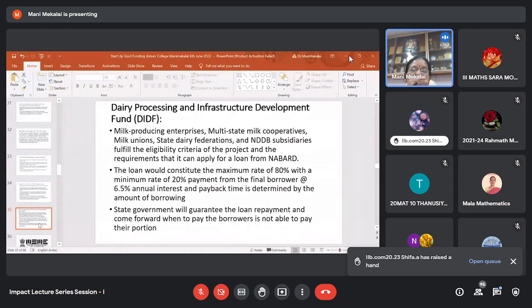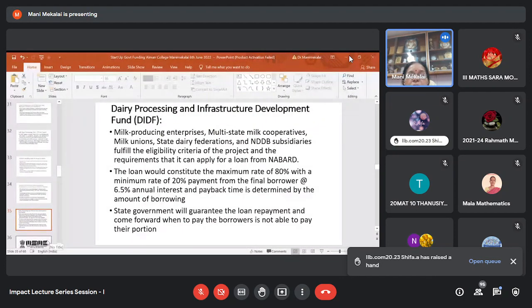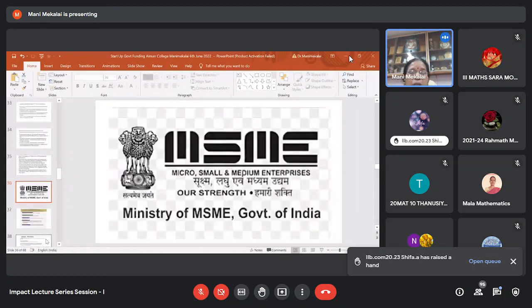NABARD is the implementing agency. The size and how much payment, etc., is defined, and it is available. You can inform the rural population also about such schemes, where huge milk production takes place, but they may not know how it is to be marketed. So these are the various schemes available, government funding available.